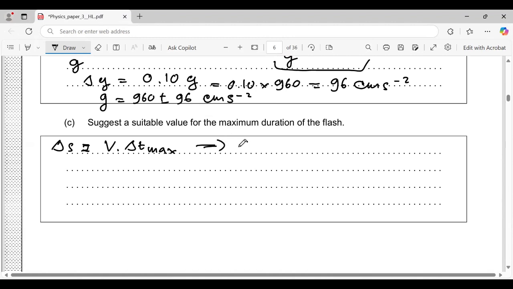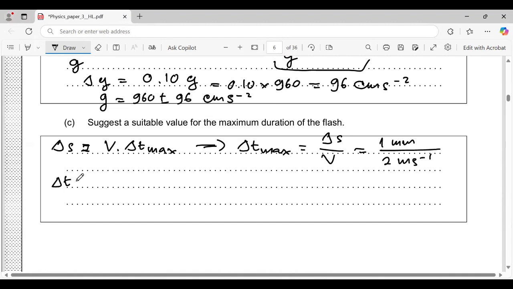So it means delta t maximum equals delta s over v. The uncertainty in position, delta s, equals 1 millimeter. So it's going to be 1 millimeter divided by 2 meters per second.